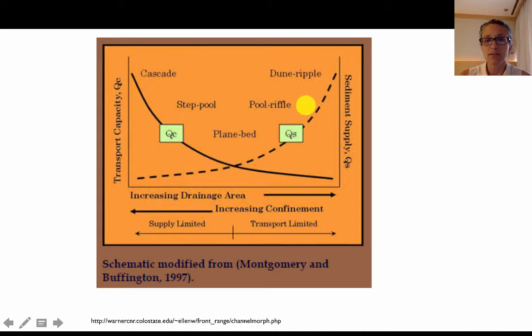So as sediment supply increases and capacity decreases, we're moving downstream, so this is increasing drainage area, we get into pool riffle, dune ripple. So if we start upstream, we have cascade, then step pool, then a reach where you may have plain bed, and then into pool riffle, and then further downstream dunes and ripples, those kinds of bed forms.